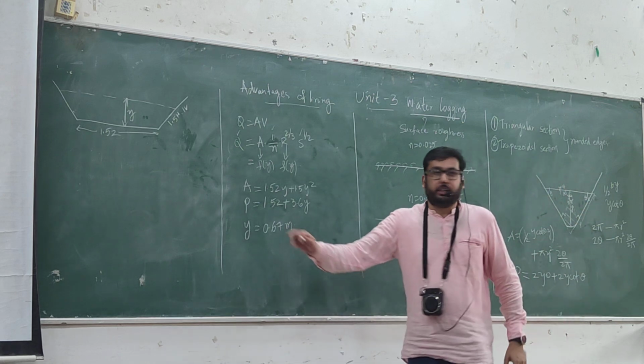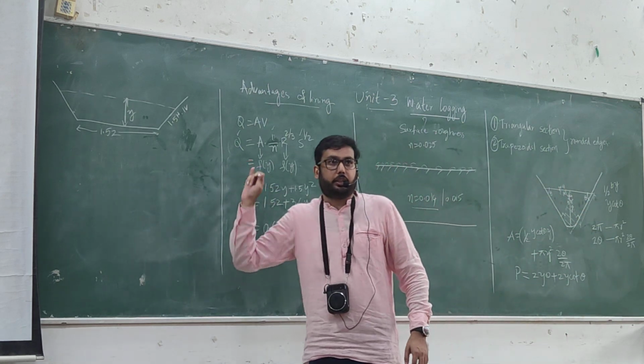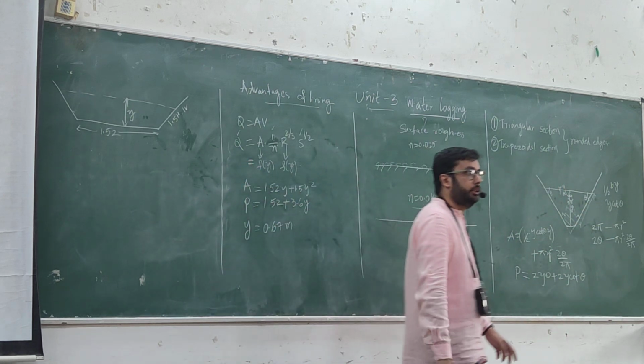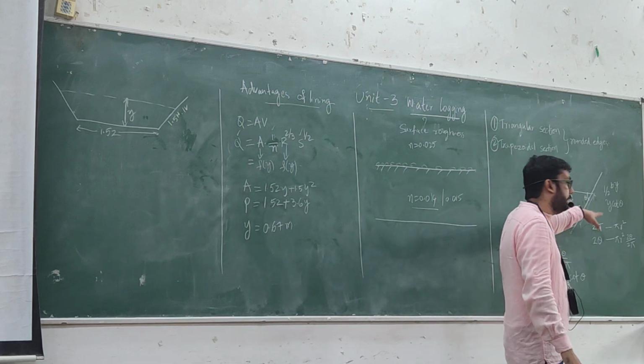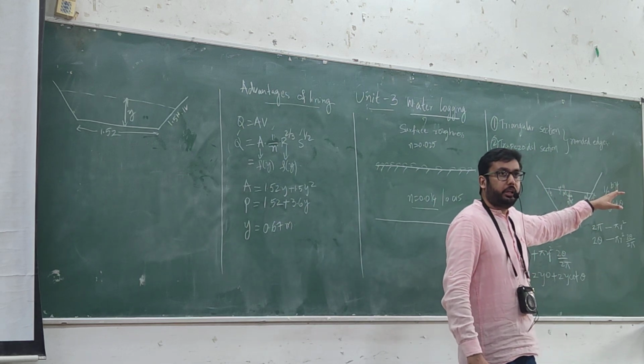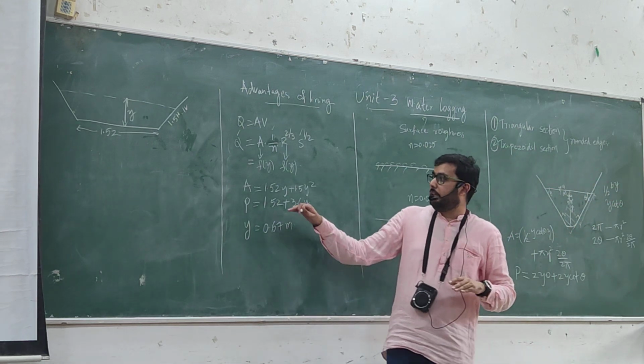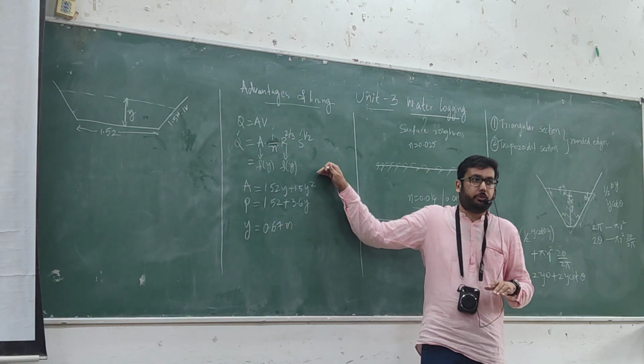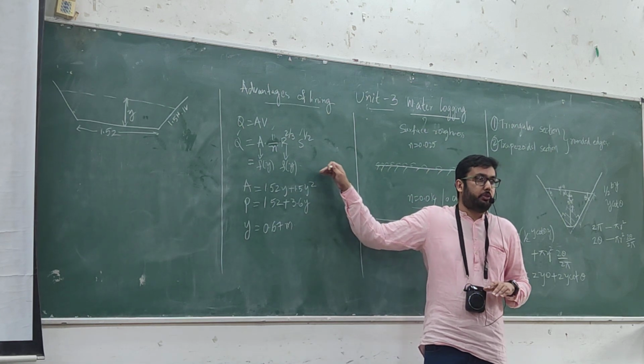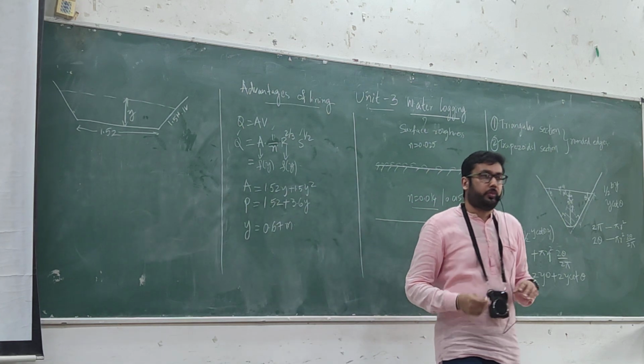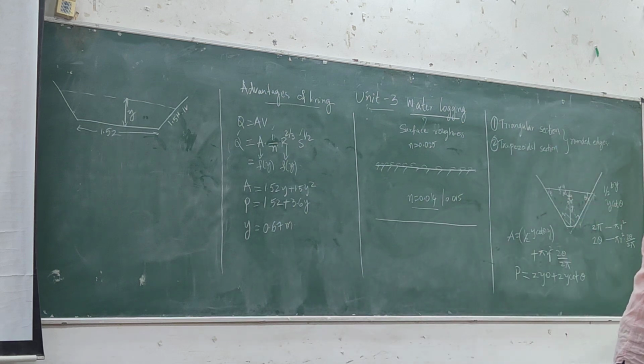So if we know a given discharge Q, can we calculate the flow depth? And I want to fix the slopes at some certain angle. Now we would get one equation like here, which is a function of y, and we have one unknown, which is y. So let's start this example.